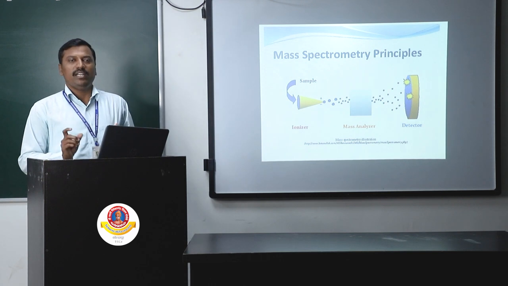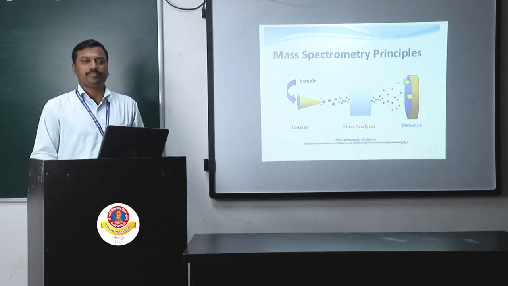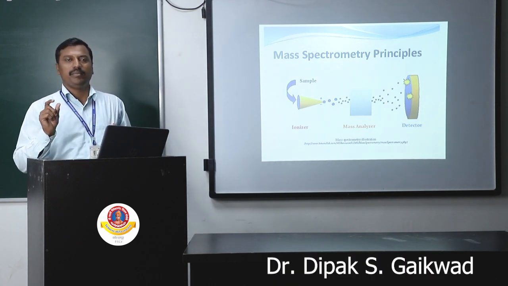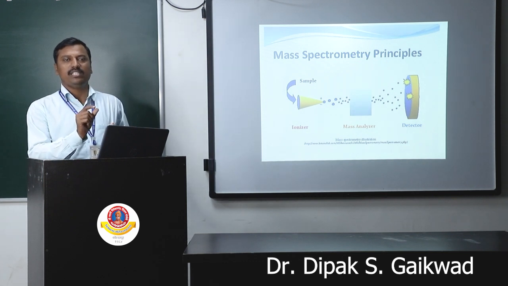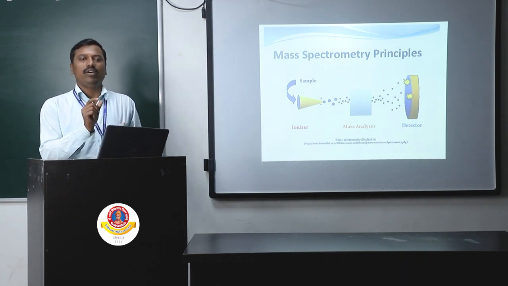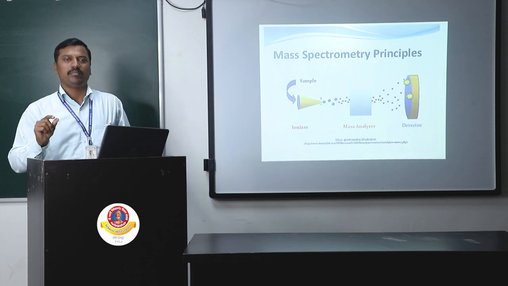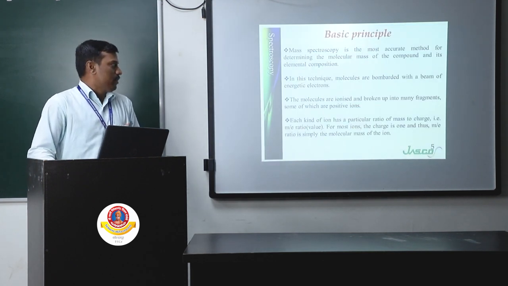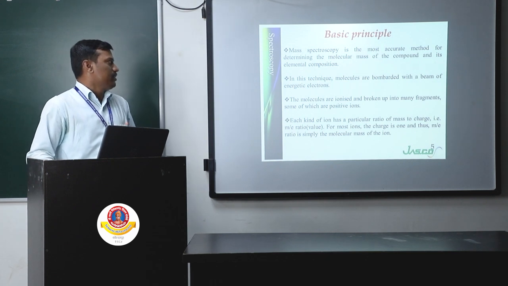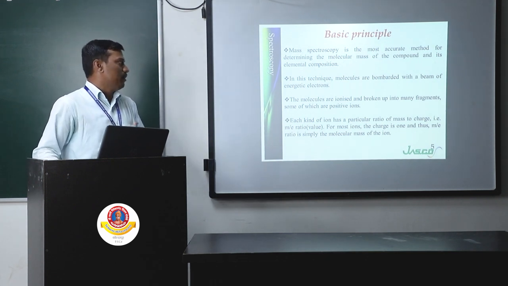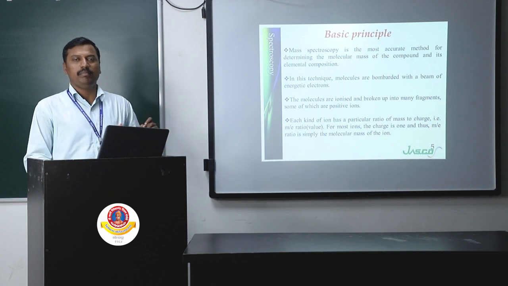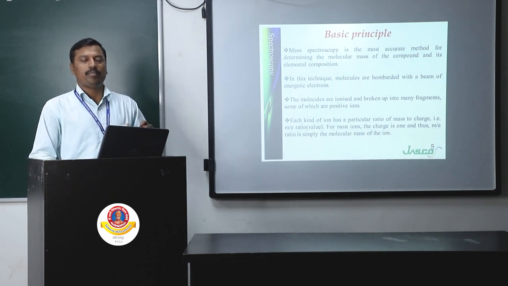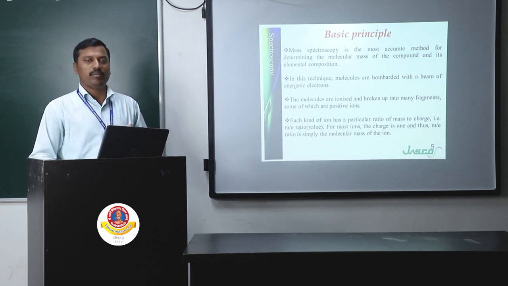Then we get a graph of the relative intensity or abundance of the ions against the mass to charge ratio or mass. It is the most accurate method for determining the molecular mass of a compound. This is the best method to obtain the mass of an organic or inorganic compound.